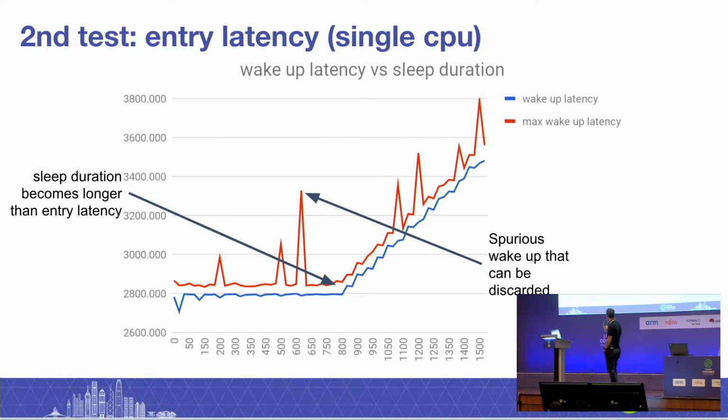We can see that at the beginning, even if we are increasing the sleep time, the value stays the same, and only around 800 microseconds do we start to increase the run cycle. Which means that the entry latency is around 8 microseconds in this case. This is the result for only one CPU.